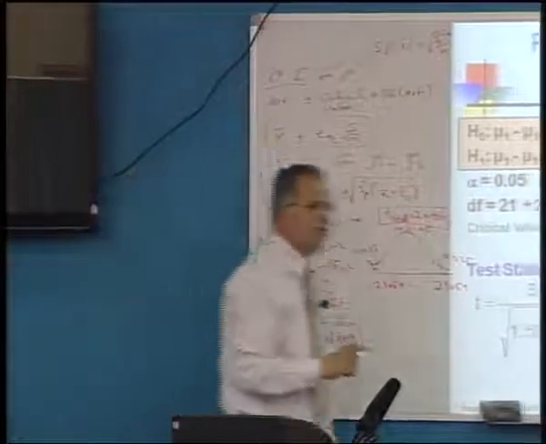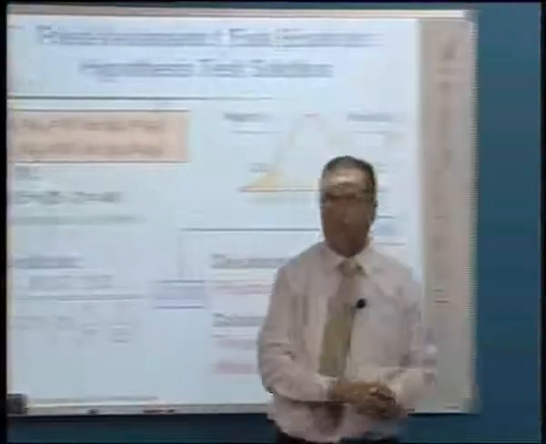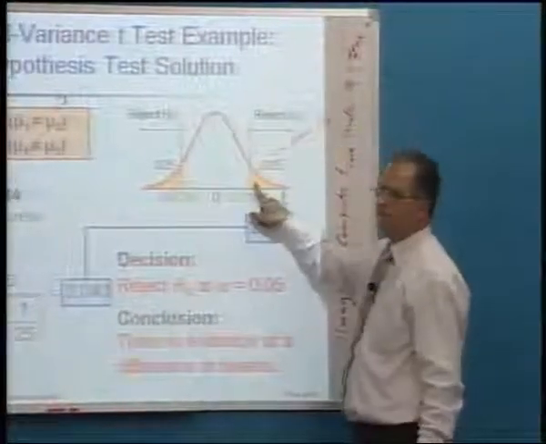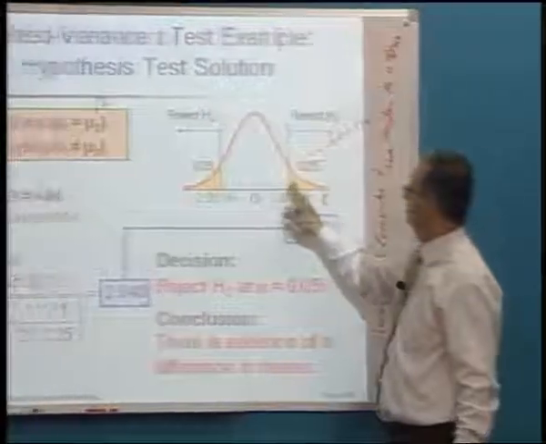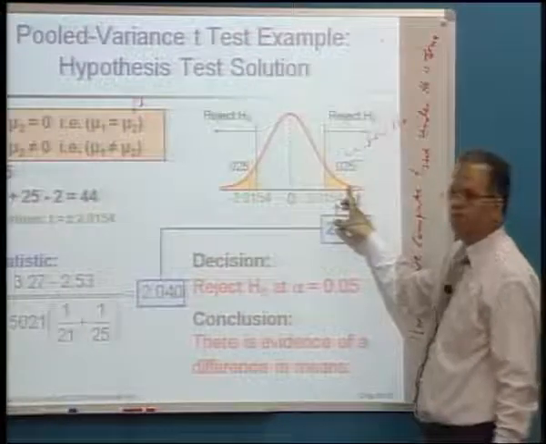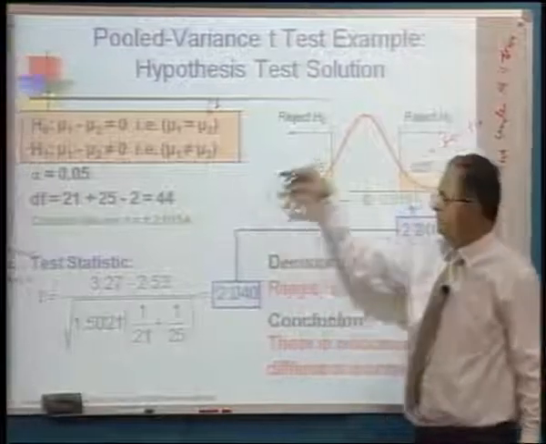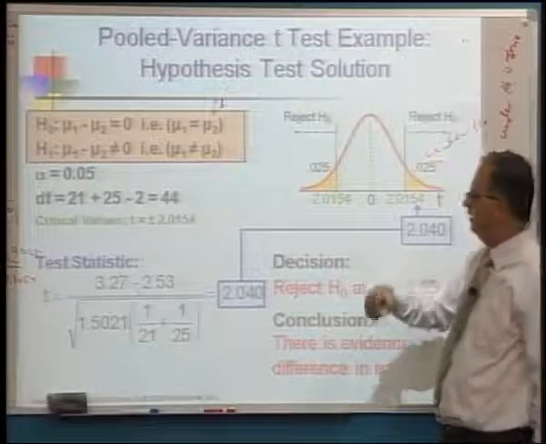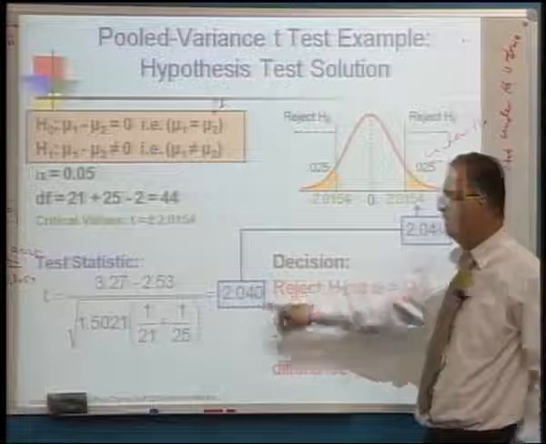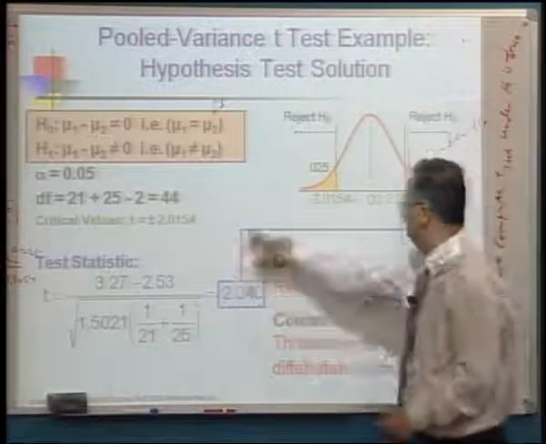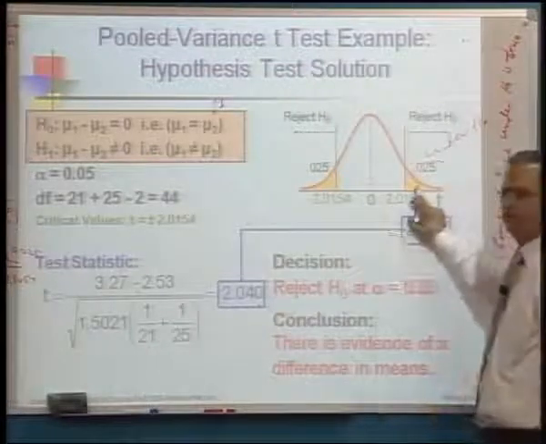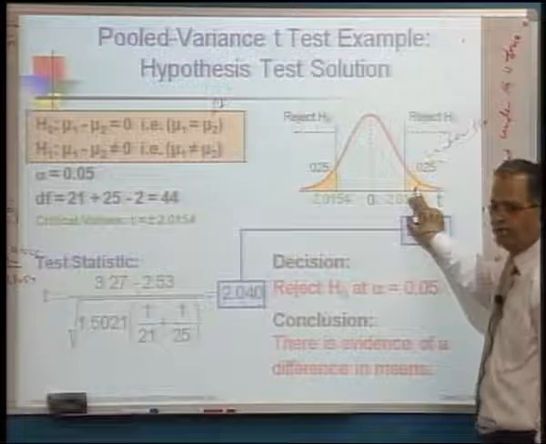So we reject the null hypothesis if your t statistic falls in this region, I mean if the t statistic is greater than 2.015 or smaller than negative 2.015. In this case, my statistic value is 2.04. This amount actually falls in this rejection region, so we reject the null hypothesis.